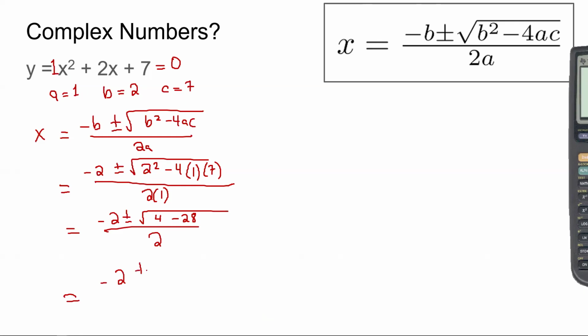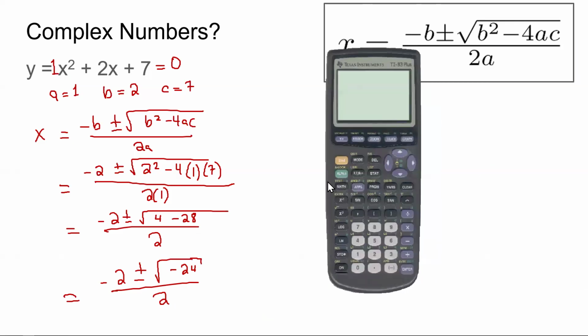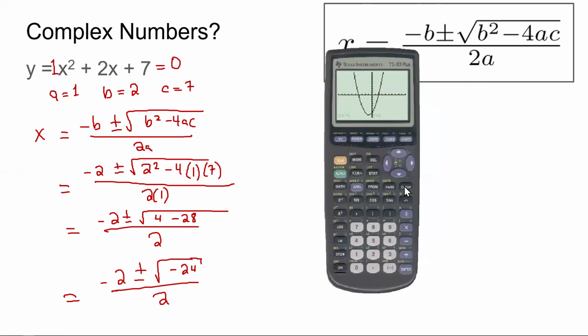That's going to be negative 2 plus or minus, up underneath there, I have the square root of negative 24. You see the problem already? Over 2. Anybody know what the square root of negative 24 is? Check this out. You come in here on your calculator and you say, show me the square root of negative 24, and it's going to get ticked at you.